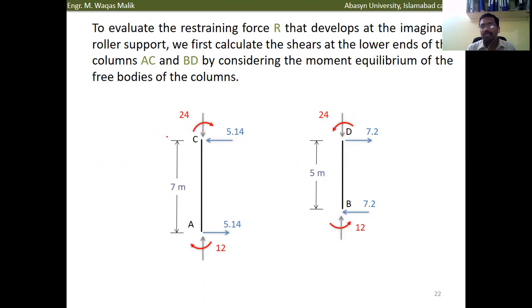As we applied a roller support at point C, which prevents the horizontal movement, we are going to draw the free body diagrams of all the members in the vertical direction. After that, we apply the equilibrium equation of summation of moments at support A equal to 0 or at support B equal to 0 to find the shears in all members of the frame.